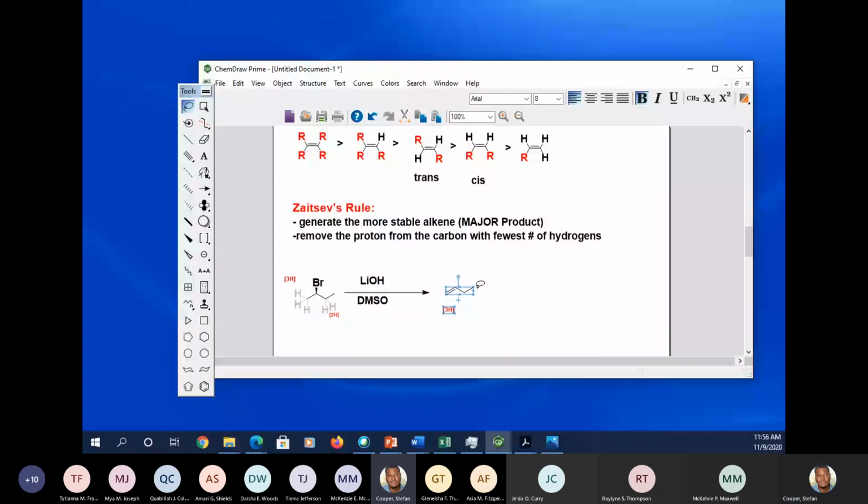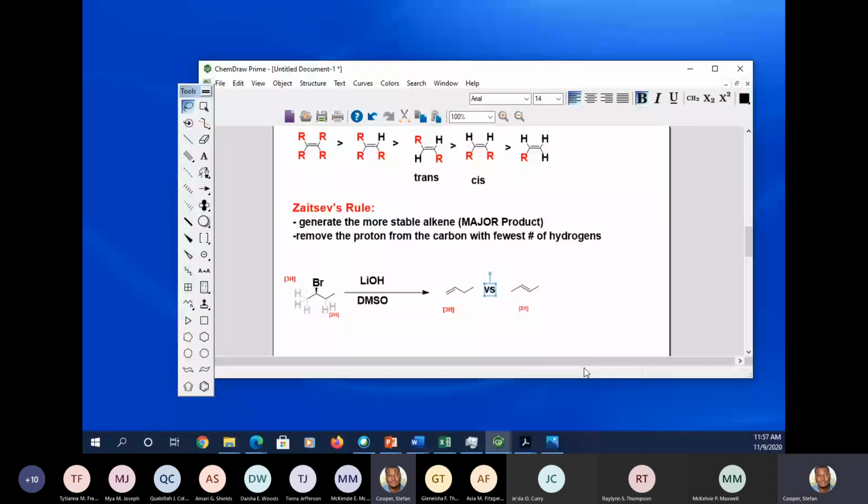Versus generating a double bond at the 2 hydrogen side, this compound. And we'll call that 2H side, right?